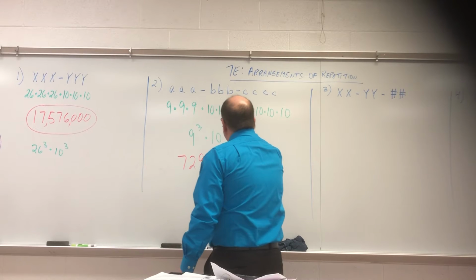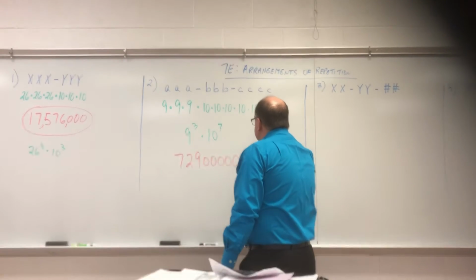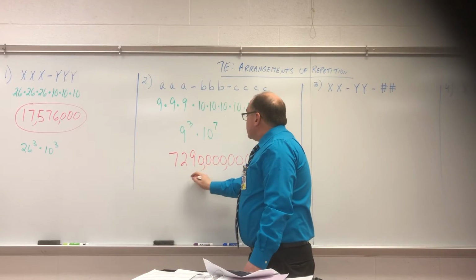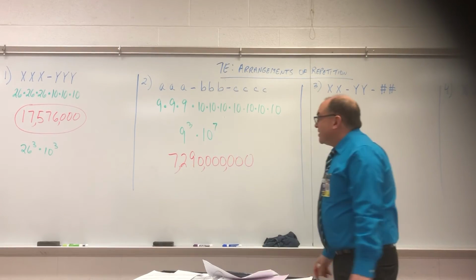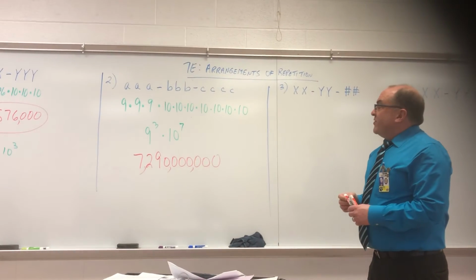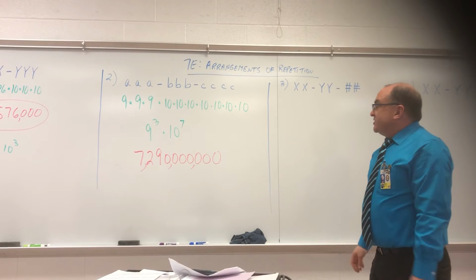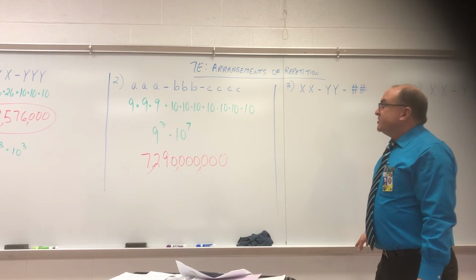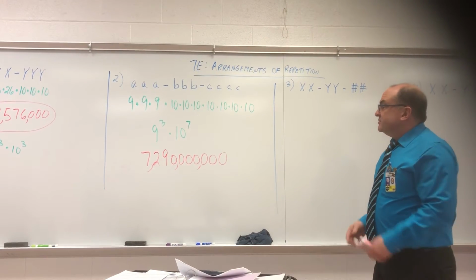So the number of possible phone numbers is going to be 7,290,000,000.